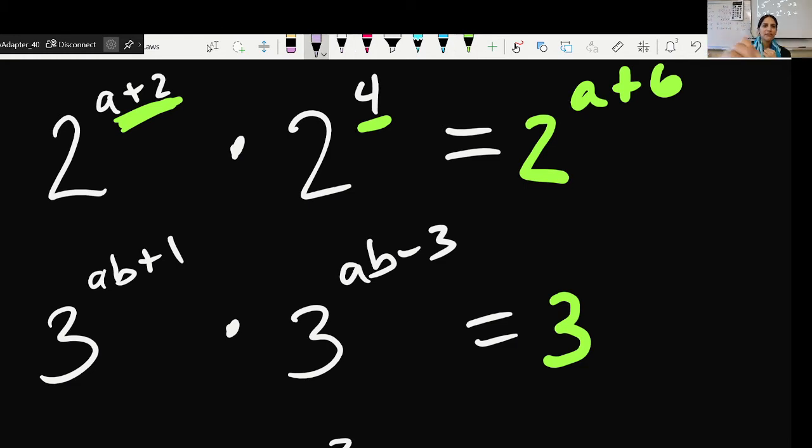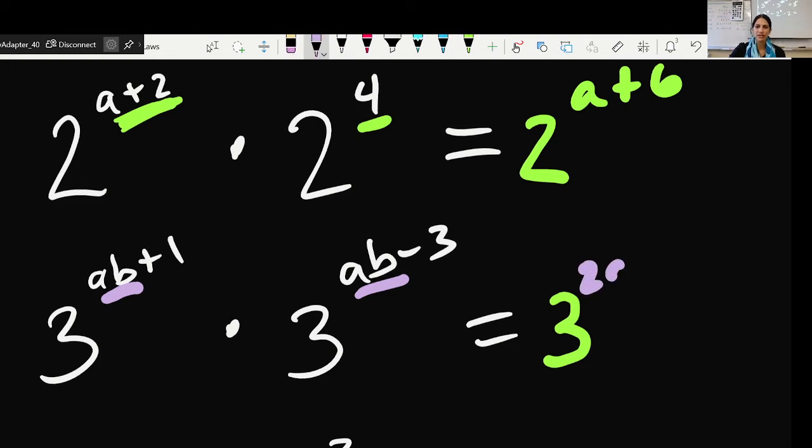And then we're looking for our like terms. If we're adding these, it's like saying, how many ab's do I have? ab plus ab. How do I write that, or what does that mean? It's just 2ab. It's like you're counting up how many ab's you have.